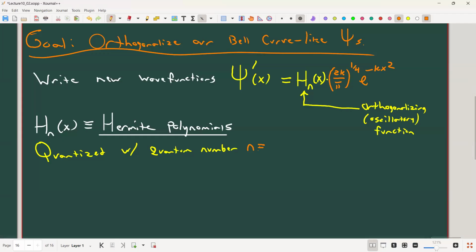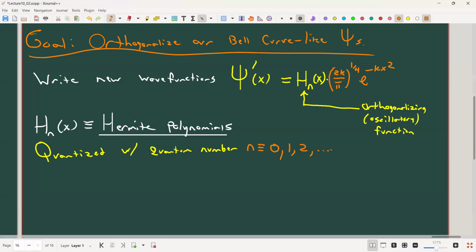But n can be any number that's 0 or positive. It includes 0, right? That's new. We didn't have n equals 0 for the particle in the box. We went n equals 1. So we have this state now in our spring that has a 0 state. We'll have to think about what that means, what a 0 state is.